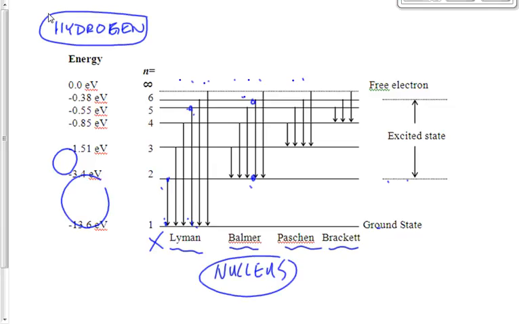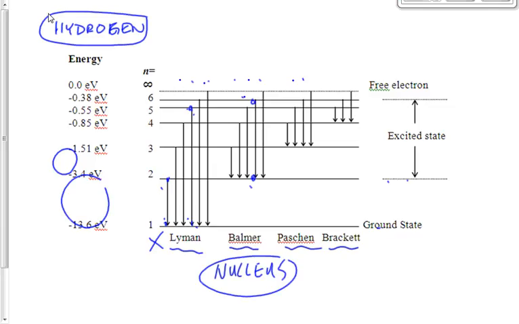Make sense? We're going to do a couple of calculations with these electron level diagrams, but listen carefully to what I'm about to say. These questions are not hard at all, but there's one error that is relatively common. Whenever you're doing calculations with these diagrams, you always want a difference in energy between two levels.